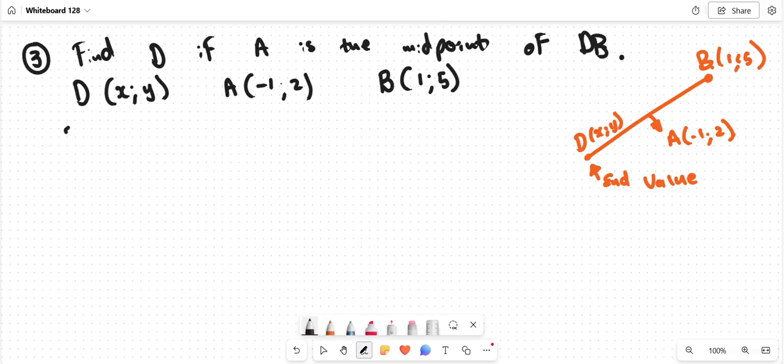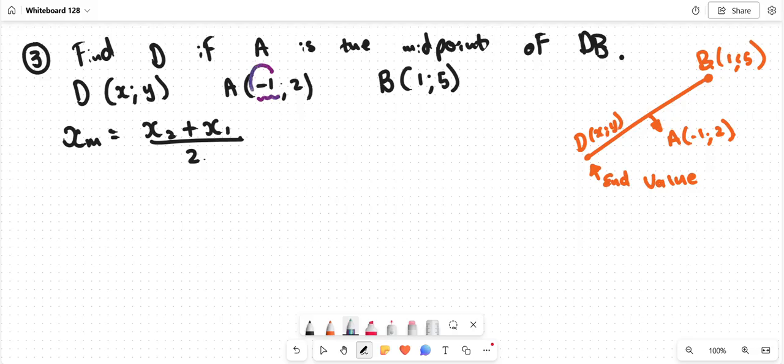You again use your midpoint formula, which says x of the midpoint is equal to x of coordinate 2 plus x of coordinate 1, divided by 2. And what we're going to do now is substitute this x coordinate of the midpoint because it's given.